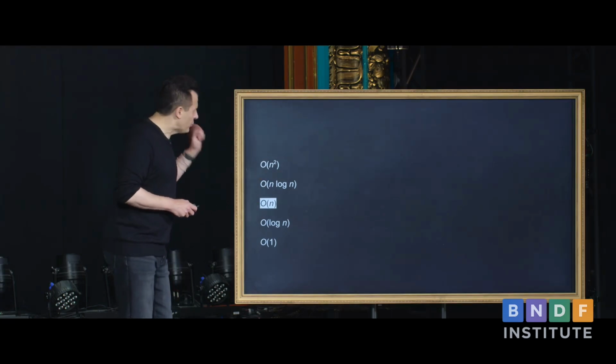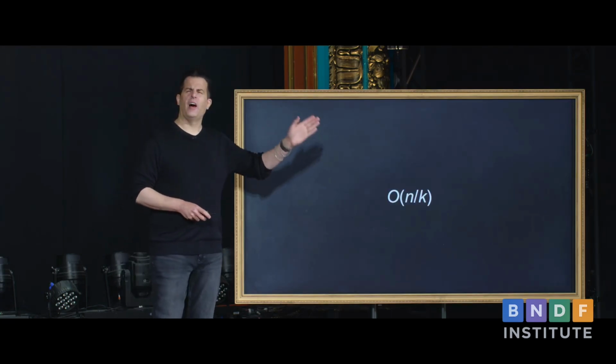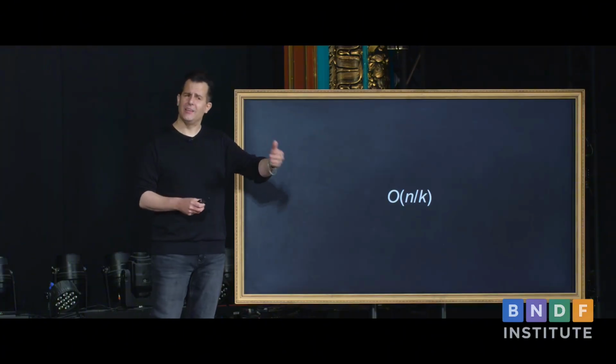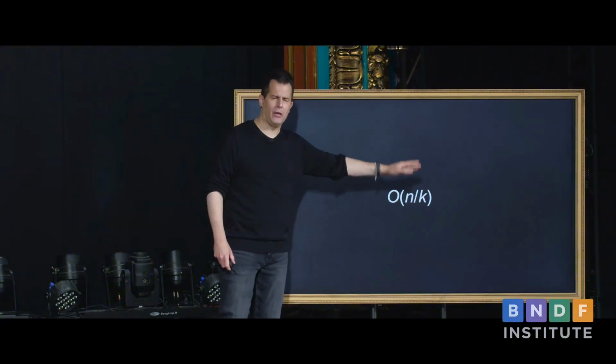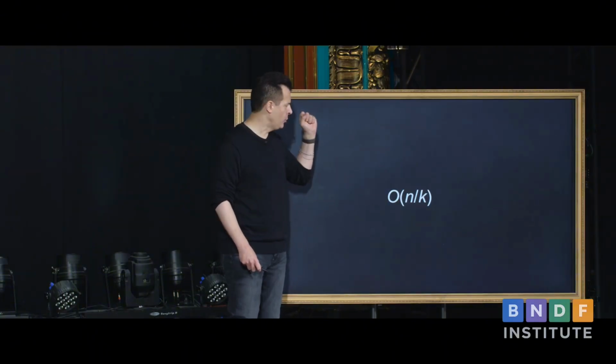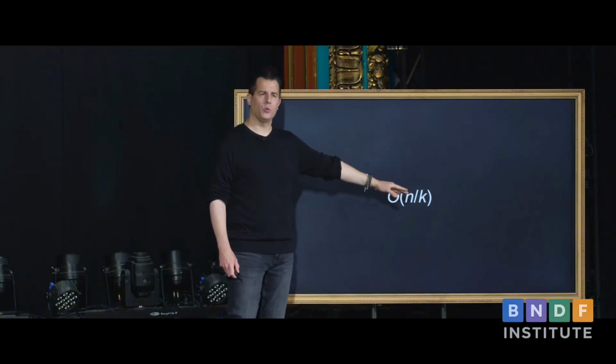In fact, we might really have big O of n divided by k, where k is some constant, like 26. So ideally, if we have a uniform distribution of friends over the English alphabet based on the first letter of their names, each of my linked lists or chains should be maximally n divided by k, where n is the total number of people in my phone, and k is in fact 26.